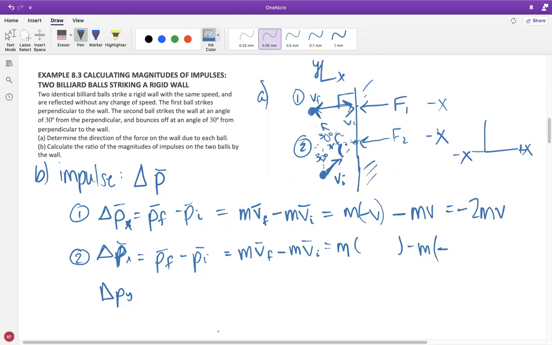And we're looking at adjacent, so it's going to be cosine, okay? So it's going to be V cosine of theta. I'm just going to say theta, okay?